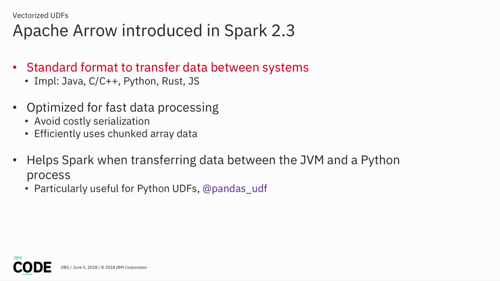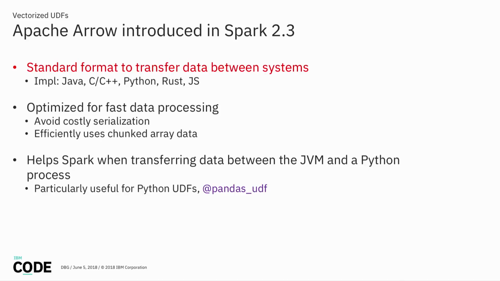Okay, just a little bit about Apache Arrow. That is brought on in Spark in order to help with these issues. Apache Arrow is a standard data format that's used to transfer data between systems. The format itself is language agnostic, so it has key implementations in libraries like Java, C++, and Python.